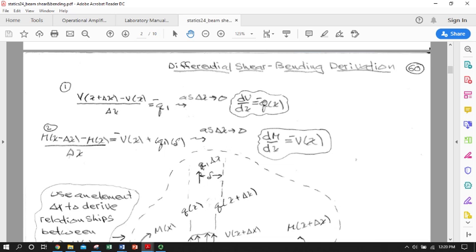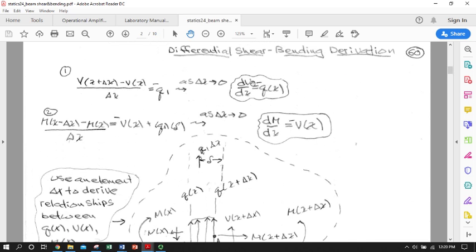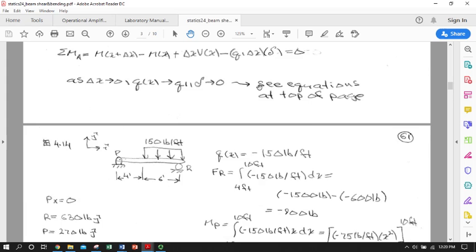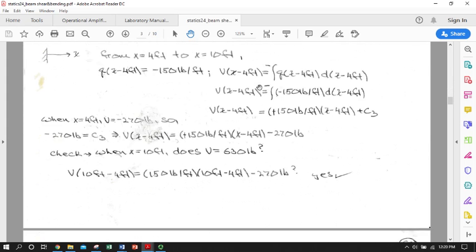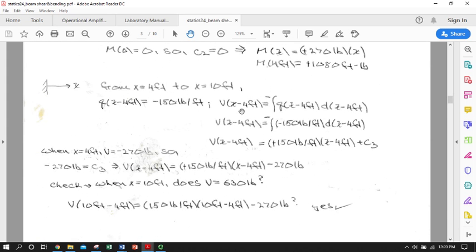What did we get? For an upward distributed load, we had a negative. So let's check our signs here. So we're retaining the negative sign and we're going to drop in the 150.